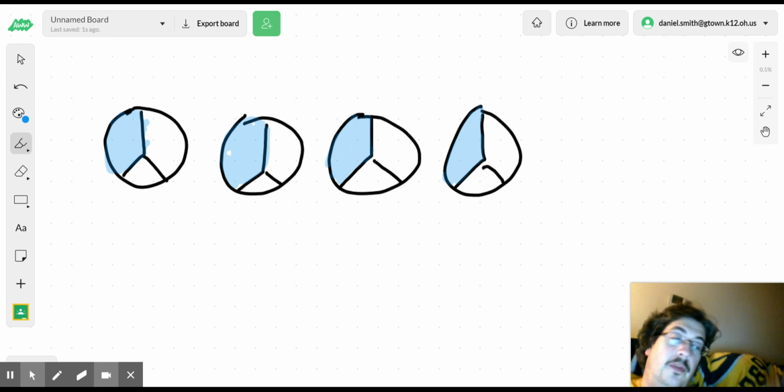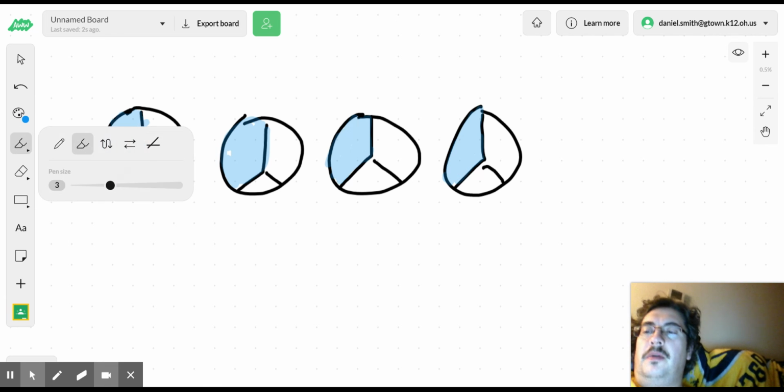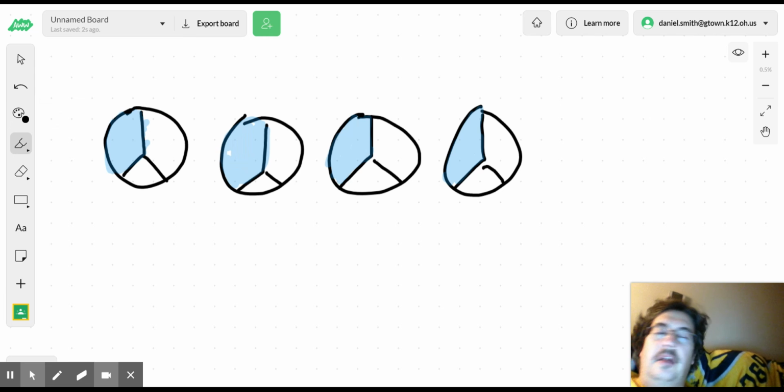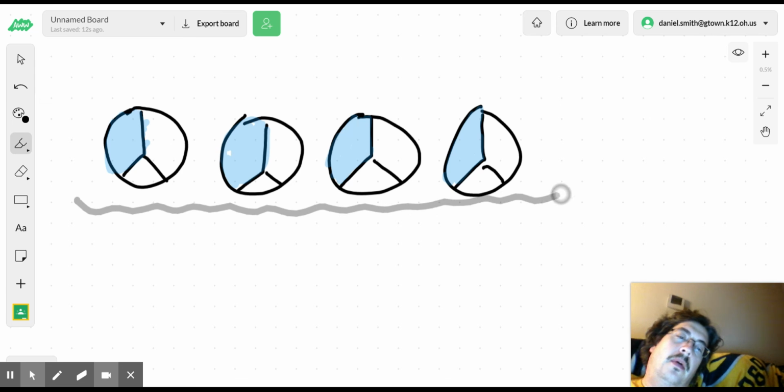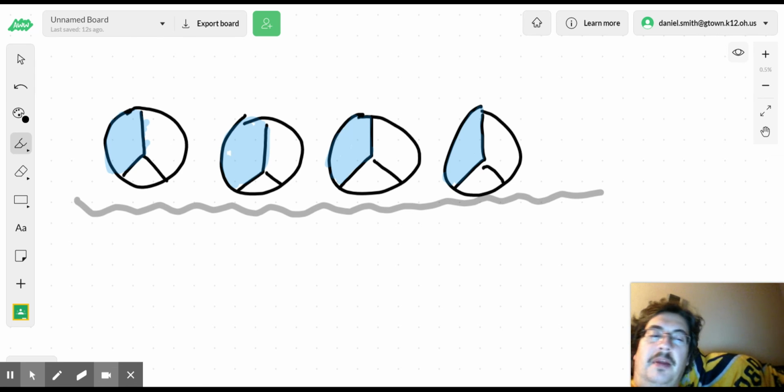Okay, so I have a model. My question to you is, can you pull out the whole number and the fraction from this model to figure out what multiplication problem I'm modeling? Well, how many total objects do I have here? Well, I have 4. So now I'm going to be multiplying 4 by something.